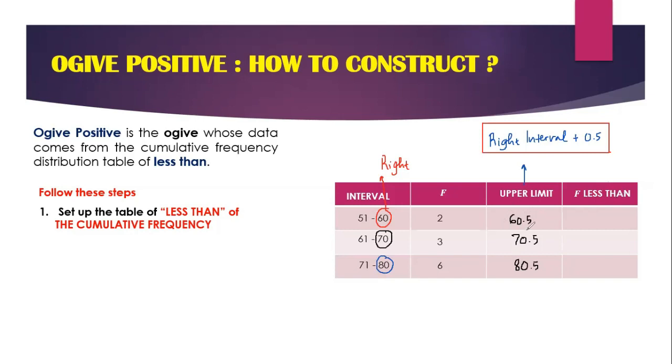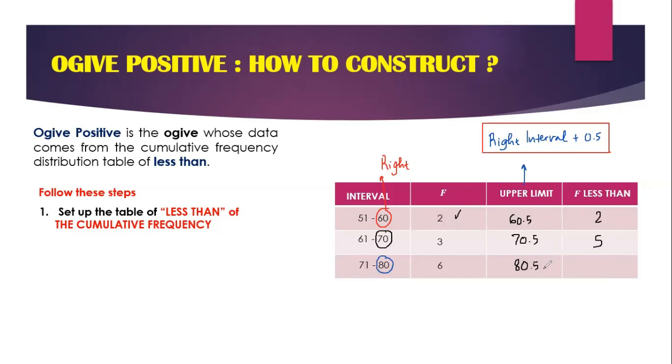For the first row, the cumulative frequency less than 60.5 is 2. Now the second row: the cumulative frequency less than 70.5 means 2 and 3, so we write 2 plus 3, which is 5.